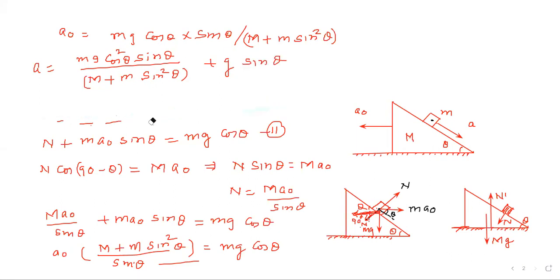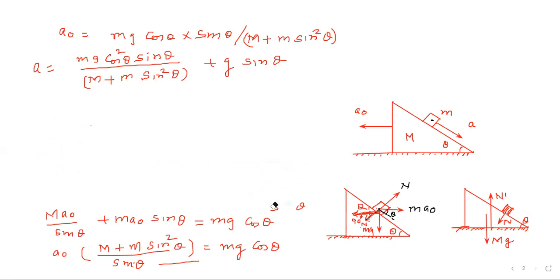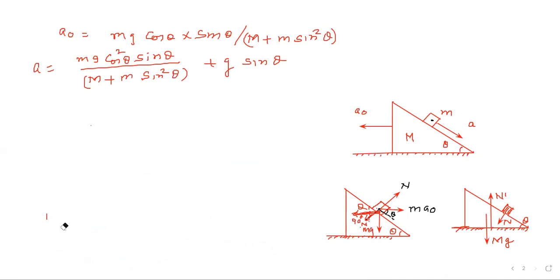Now we simplify it further. We take LCM, which will be capital M plus small m sine square theta.